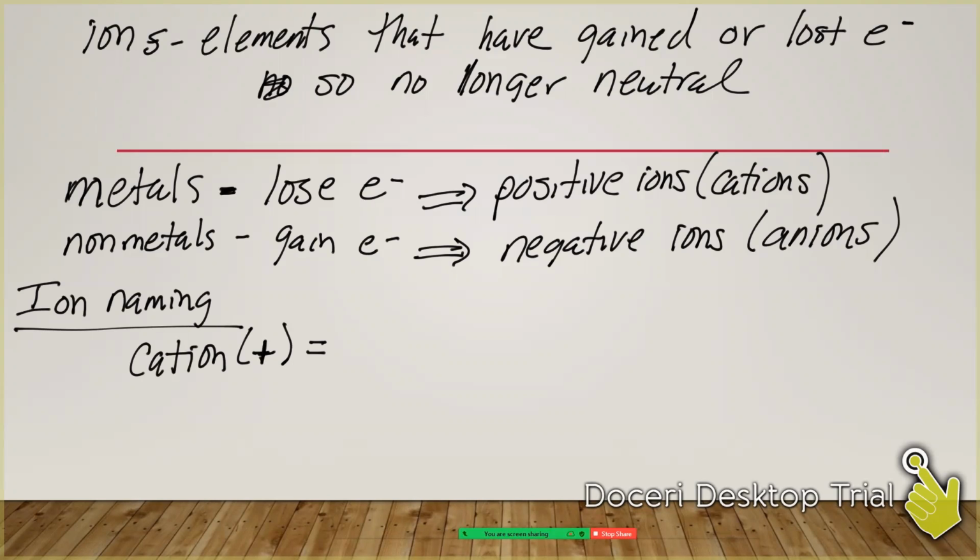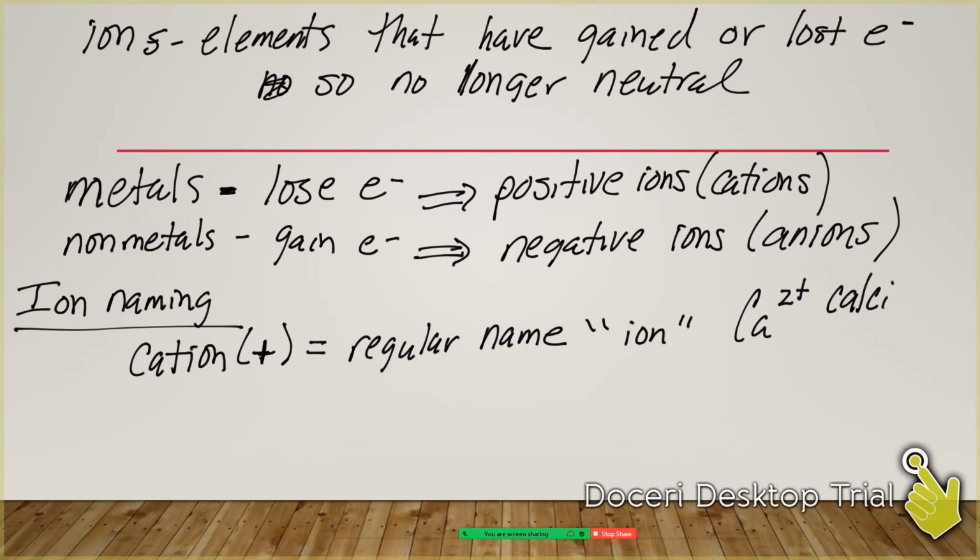So if it's a cation, you're just going to use the regular name, and then you're going to add the word ion. Like Ca2+, that would simply be calcium. I keep that the same, and then tack on ion to it.